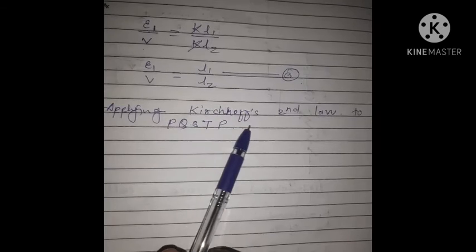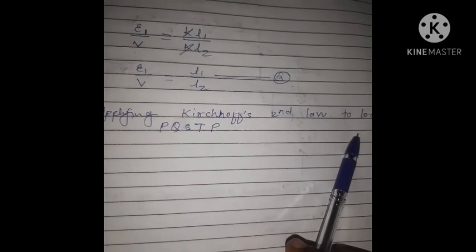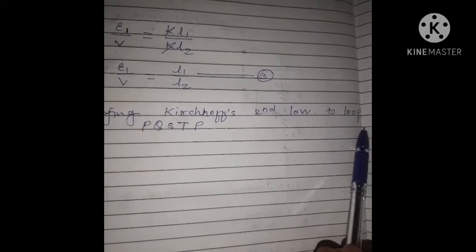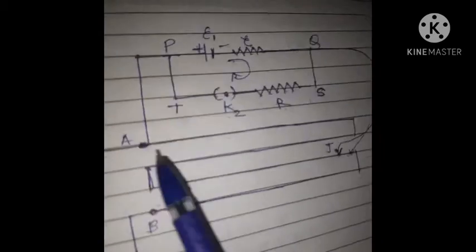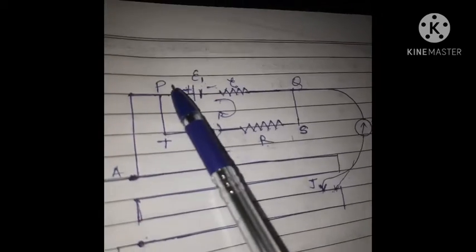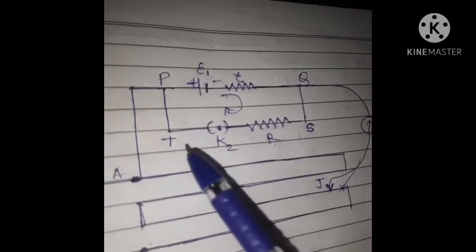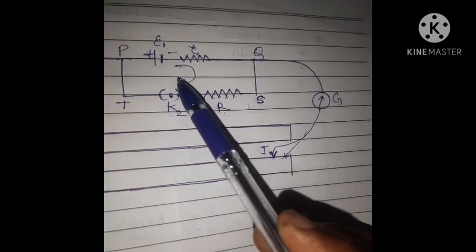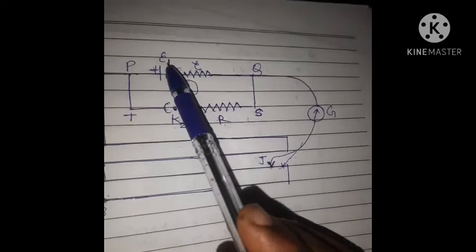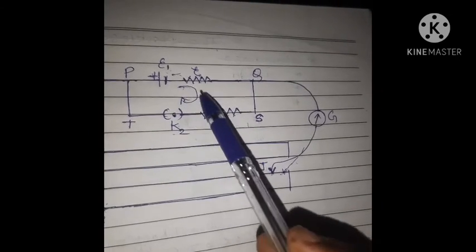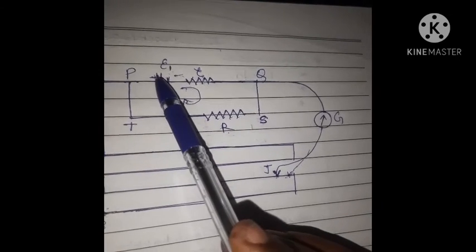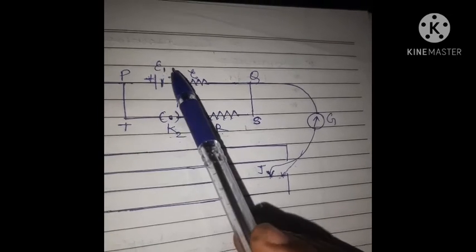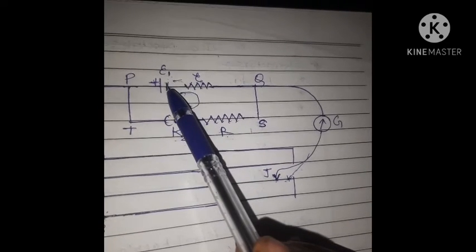Now applying Kirchhoff's second law, that is voltage law, to loop PQSTP, suppose the loop is in clockwise direction, so that the loop is traced from the positive terminal of cell E1 to the negative terminal.